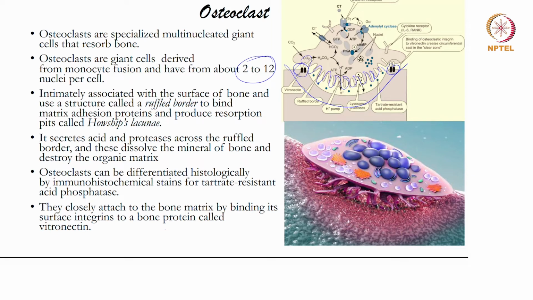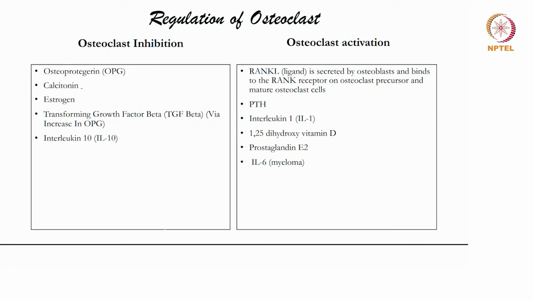And the important thing is that the osteoclast has an array of inhibitors and activators as well. So, the regulation of the osteoclast is so closely governed by an array of activators. The activators include the RANKL ligand, which binds onto the RANK receptor on the osteoclast, and then we have the most important hormone here, the parathyroid hormone, interleukin 1, vitamin D, prostaglandins and interleukin 6, to be more precise.